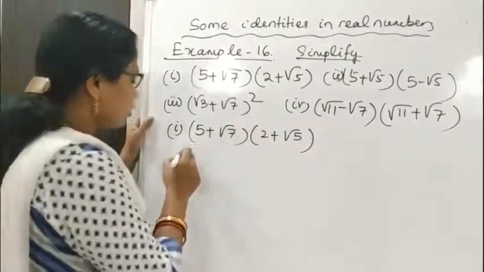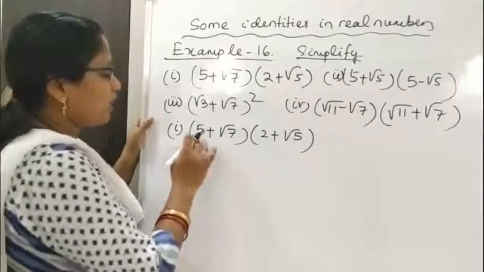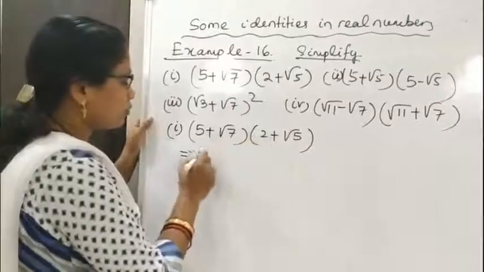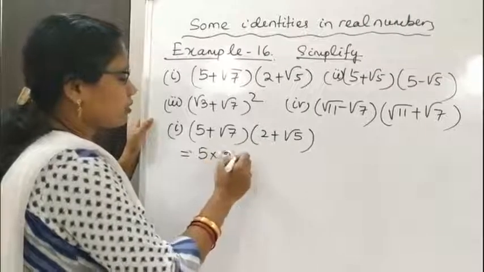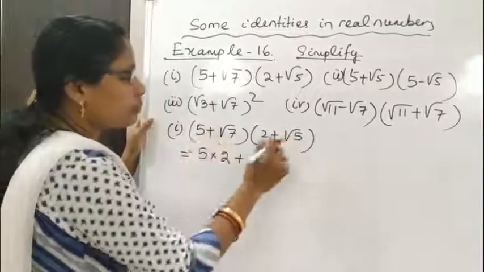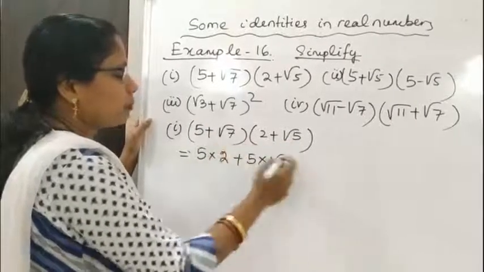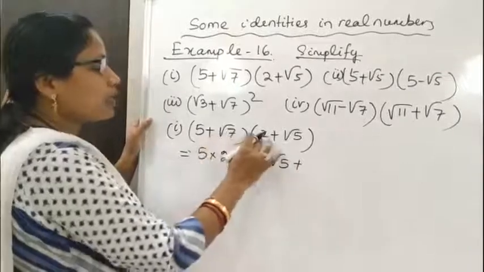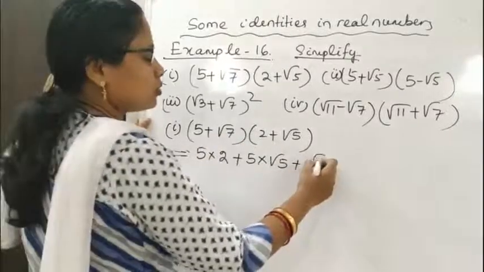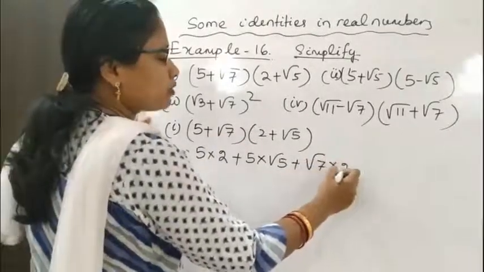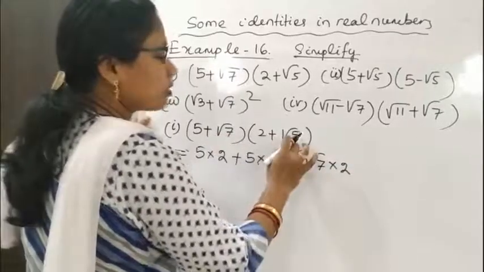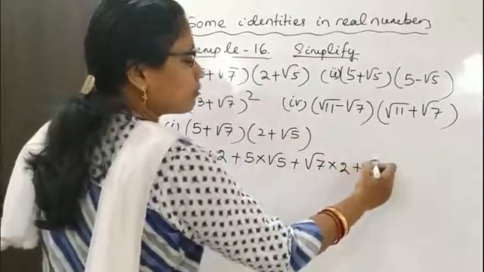So here we will multiply like this: 5 multiplied with 2, plus 5 multiplied with root 5, then plus root 7 multiplied with 2, then root 7 multiplied with root 5.